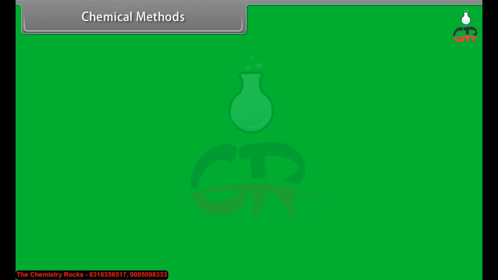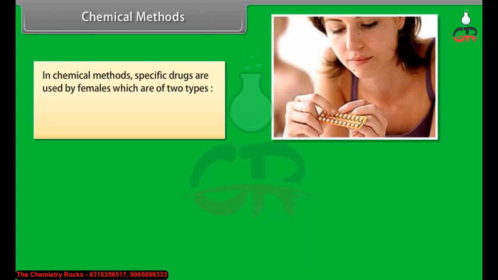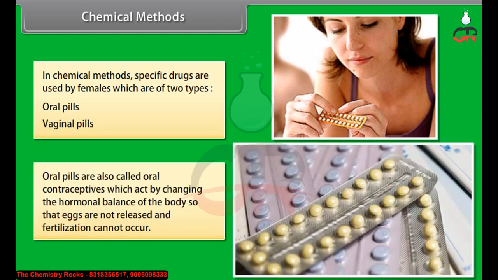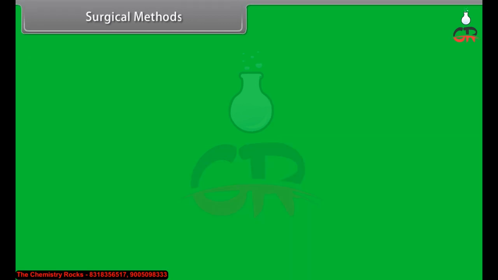Chemical methods. In chemical methods, specific drugs are used by females, which are of two types: oral pills and vaginal pills. Oral pills are also called oral contraceptives, which act by changing the hormonal balance of the body so that eggs are not released and fertilization cannot occur. Surgical methods.